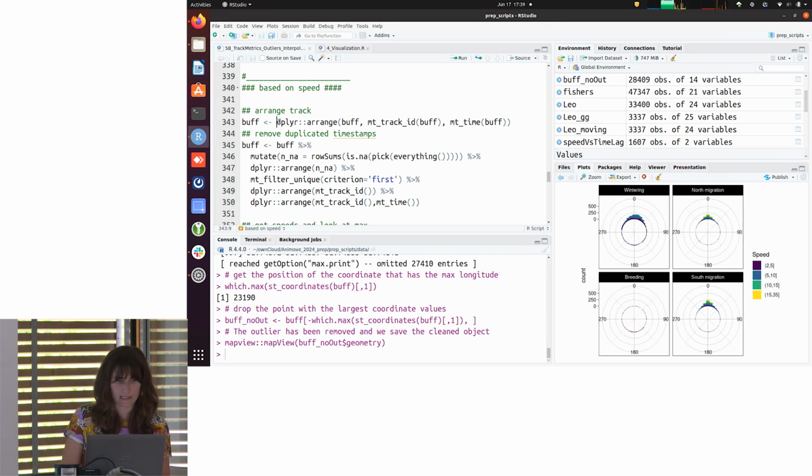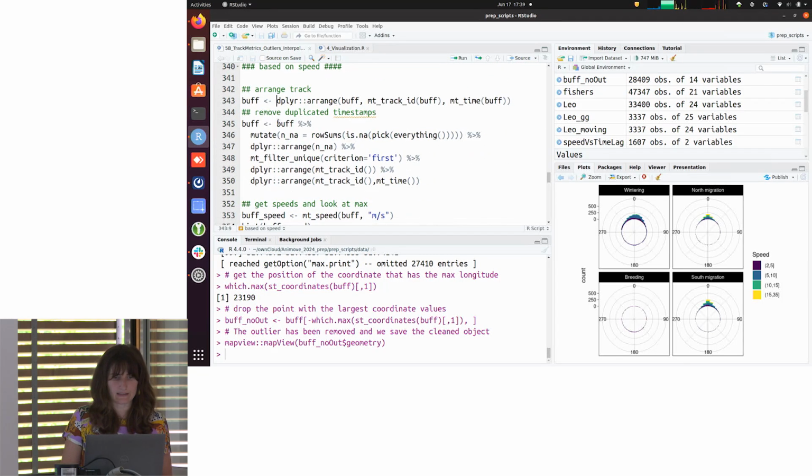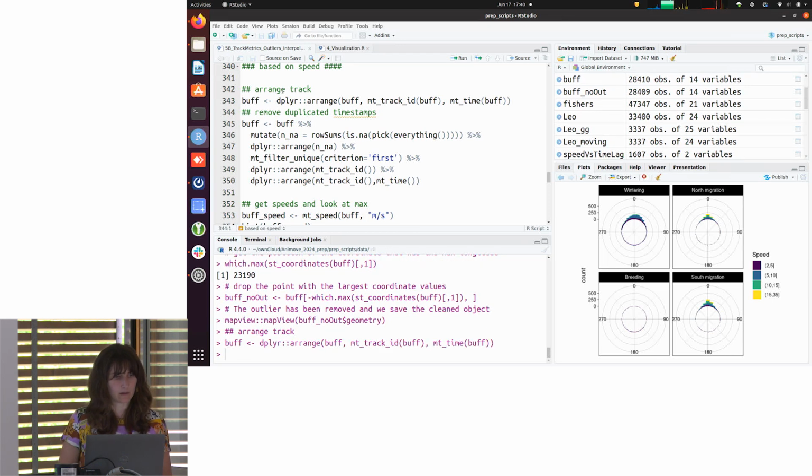Here we make again an example with the buffaloes to remove that same point. We first arrange by ID and by timestamp. And then here, probably Anne showed this example earlier, is a way to remove the duplicates. Otherwise, the speed calculation will complain. So there are duplicated values in the data set.